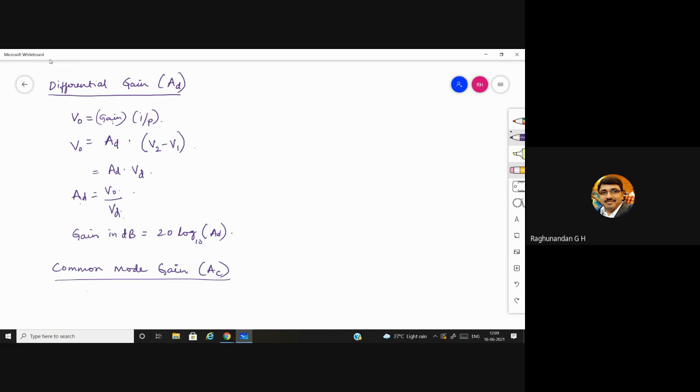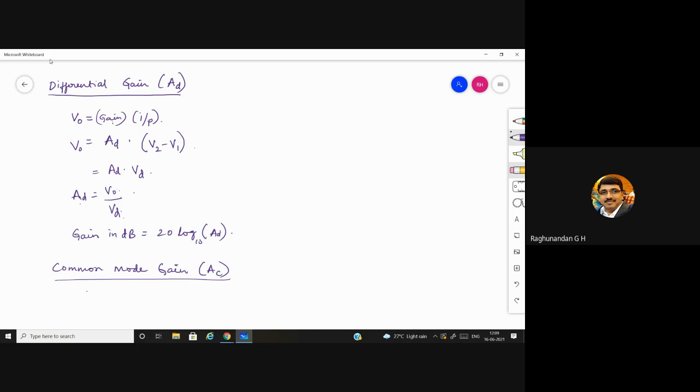So when we apply two equal input voltages, in the ideal case the output will be 0. But practically speaking, the output does not depend only on the difference of the two input voltages, but also on the average of the two inputs, which is known as the common mode.